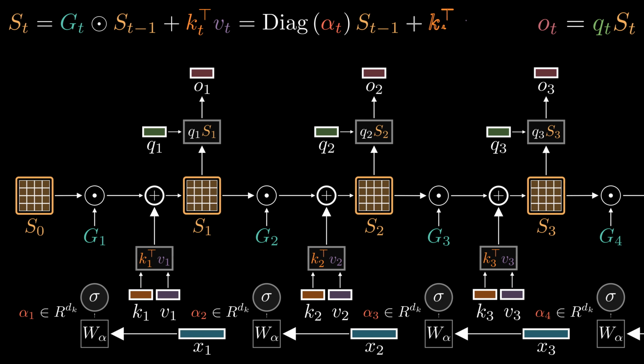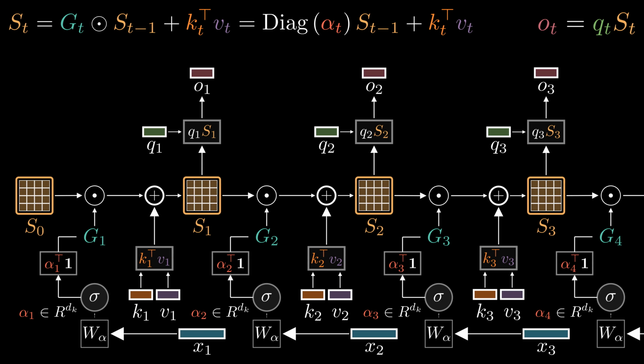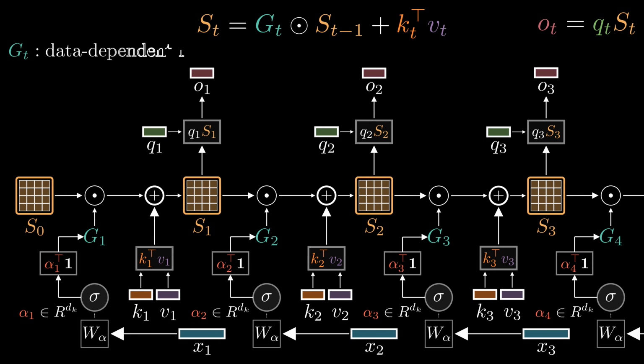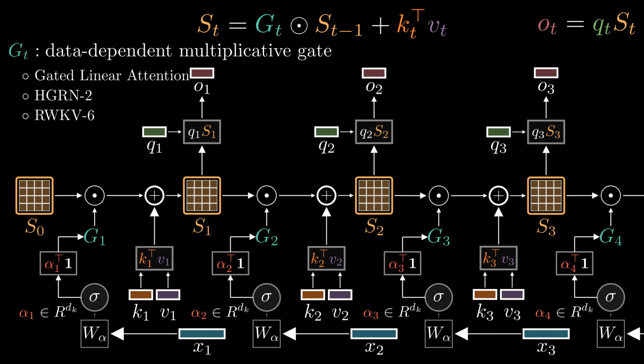This corresponds to a vector-valued gating vector alpha t. Such data-dependent multiplicative gates are used in Gated Linear Attention, HGRN2, and RWKV6.